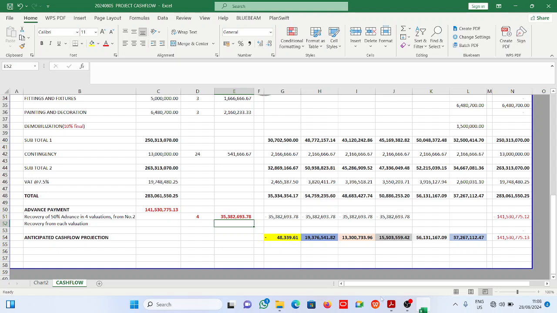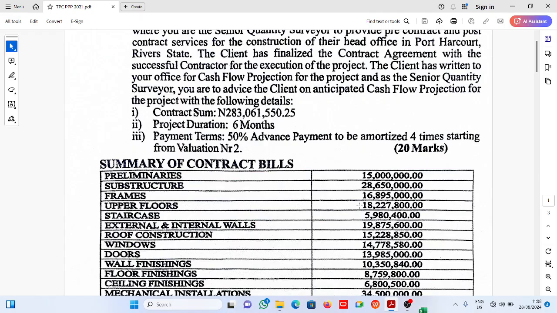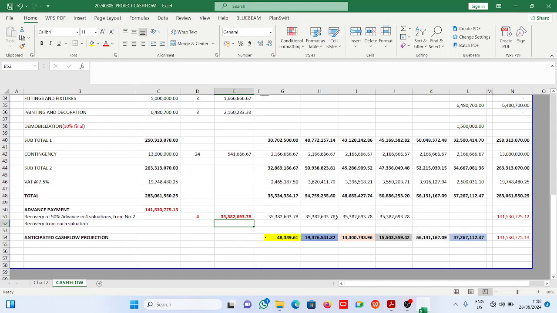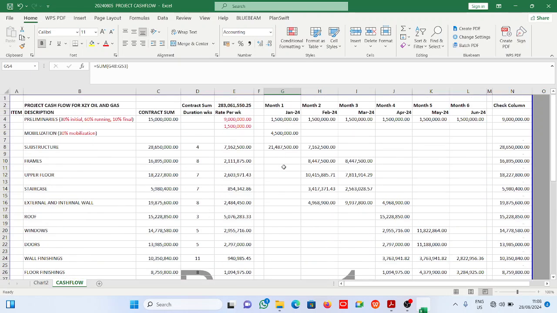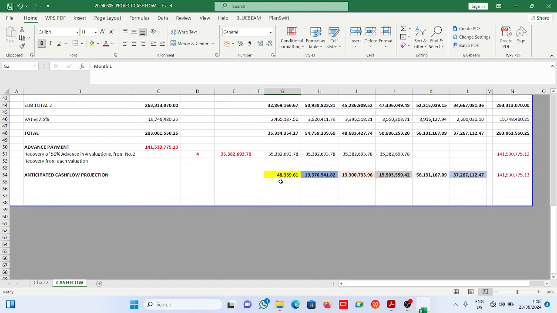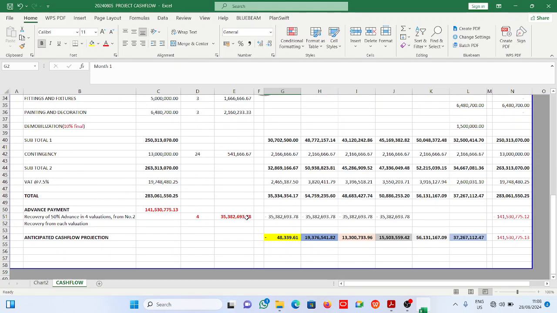But this question says we are preparing this cash flow for the client. And amortization has to start from valuation number 2. Now for the client, this is valuation number 2. The first month is valuation number 2 because he has already paid advance payment to the contractor. He would have paid advance, which is valuation number 1.